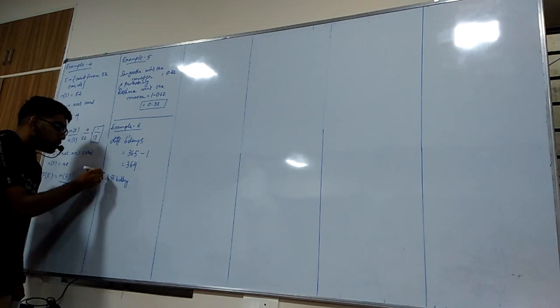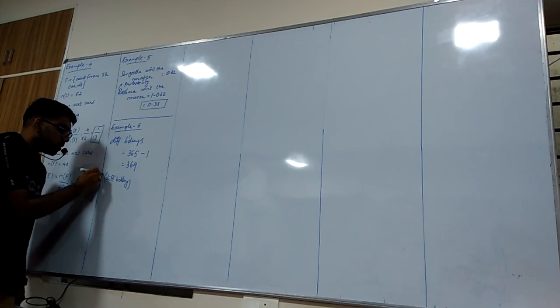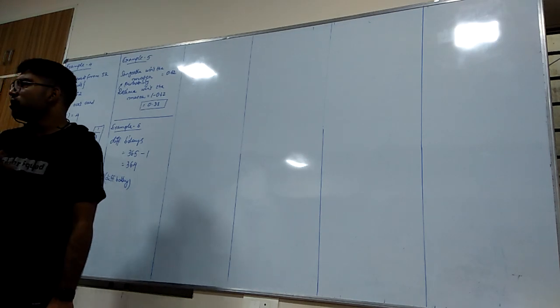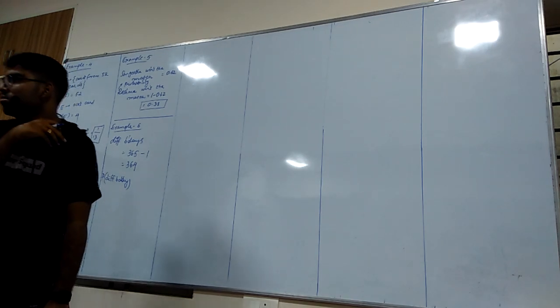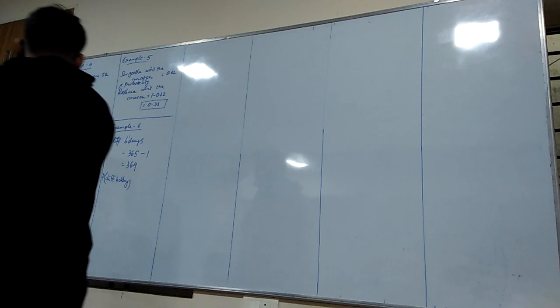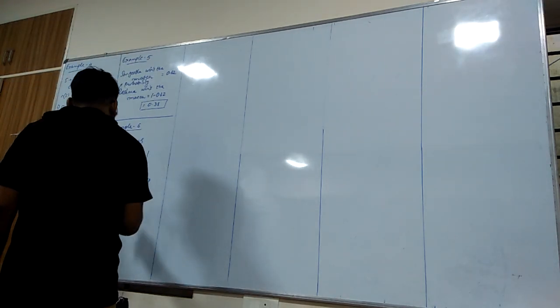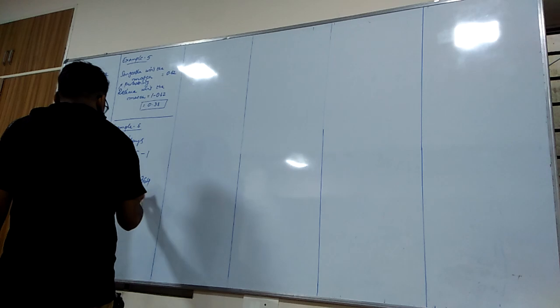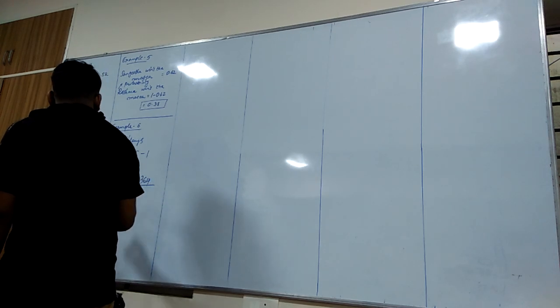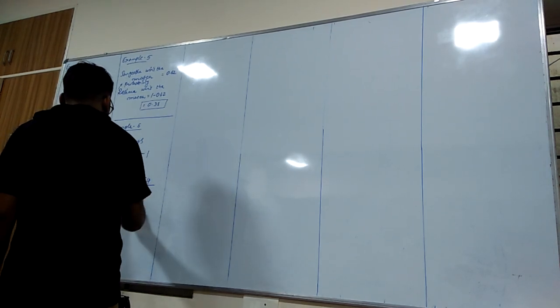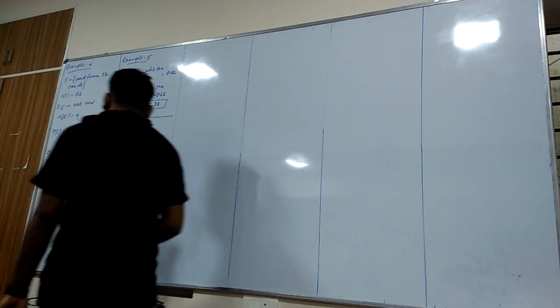Possible and favorable are the same words, no? Probability of having different birthdays is 364 favorable outcomes divided by 365 possible outcomes. So this is the probability of having different birthdays.